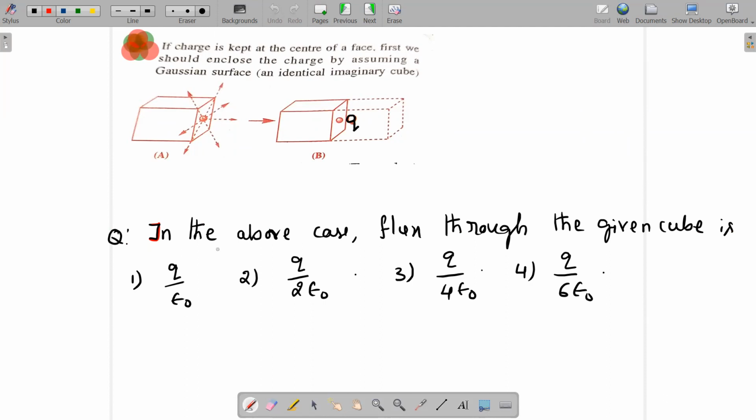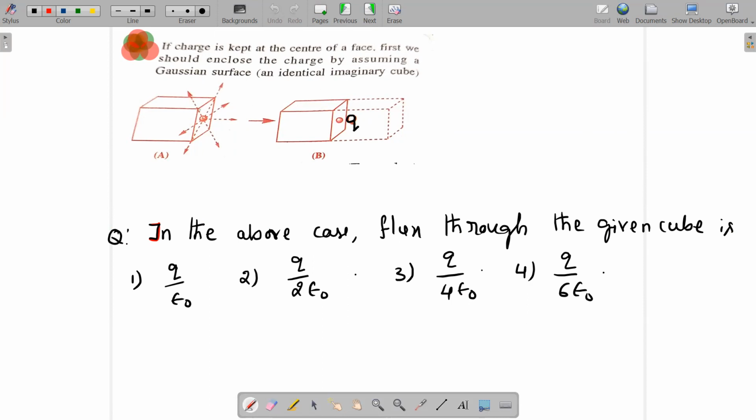So the question is, when the charge is at the center of any one of the faces, it may be the right side face, left side face, front face, back face, top face, or bottom face, any single face, then what is the flux through the given cube? Here you know that flux emerges in all 360 degree directions, right?